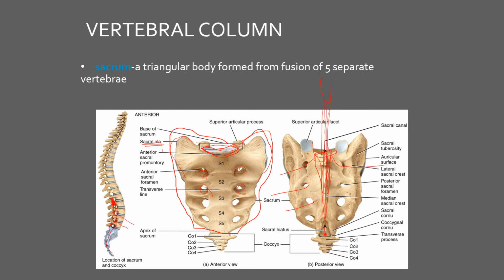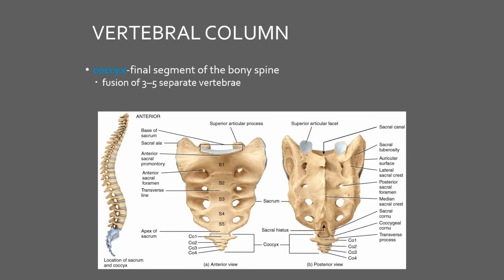Traveling through there, one will come out of the foramen along the side, and then at the very end, you'll have a string that's not a nerve, but it's a leftover piece that will anchor itself to the base of the sacrum. And then at the very bottom, your little coccyx, which is like your tailbone. All right, so the final segment of the bony spine, and you have fusion of 3 to 5 little tiny vertebrae.